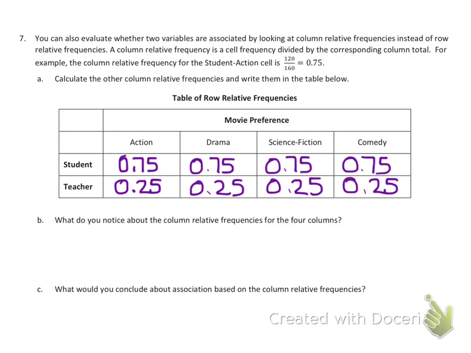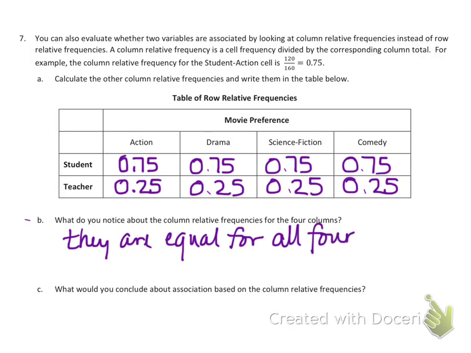Okay, so in every column, part B asks, what do you notice about the column? Well, they're equal. They are equal for all 4 columns. And so what could you conclude about association based on column relative frequencies?